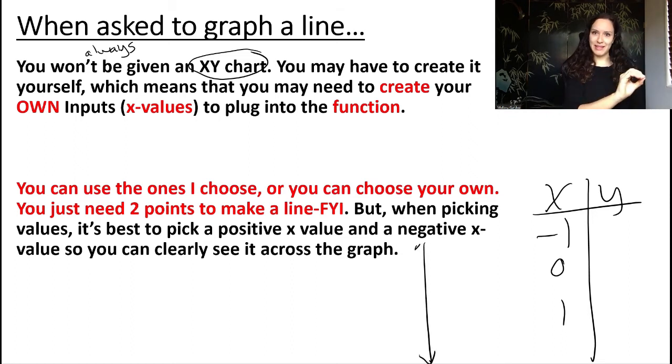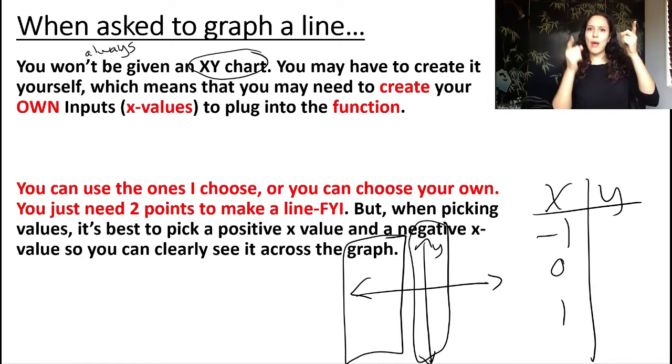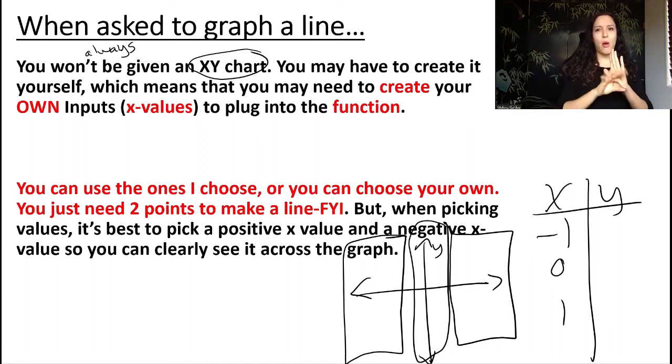And again, the purpose of that was so that we knew what was happening on the y-axis, to the left of the y-axis, and to the right of the y-axis. You only need 2 points to make a line, but remember, when picking values, it's best to pick a positive and a negative so that you can clearly see it across the graph.